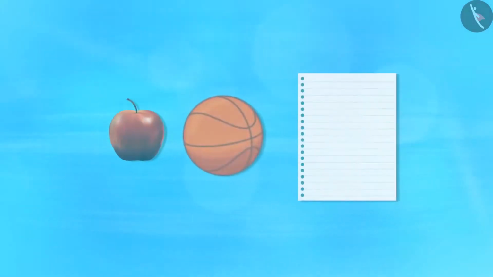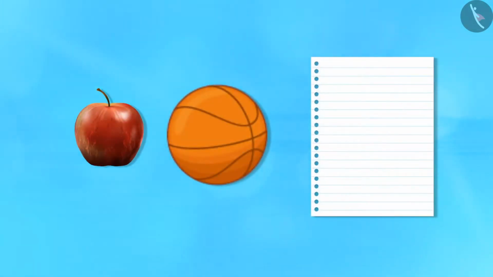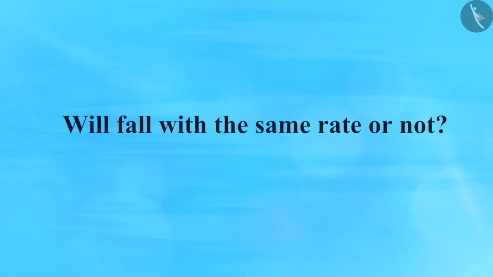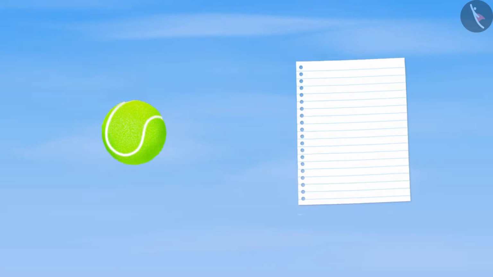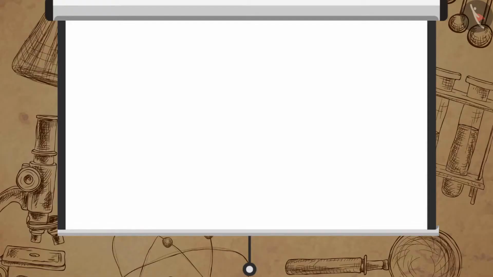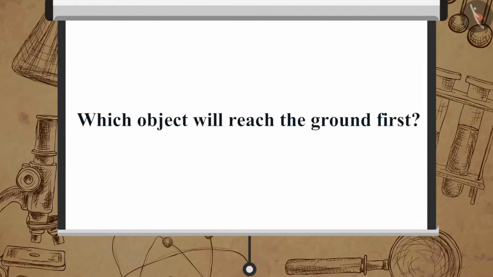Now, let us perform one more activity to understand whether all objects, hollow or solid, small or big, when allowed to fall from the same height, will fall with the same rate or not. Take a sheet of paper and a small ball. Drop both the things at the same time from the first floor of a building. What do you think? Which object will reach the ground first?